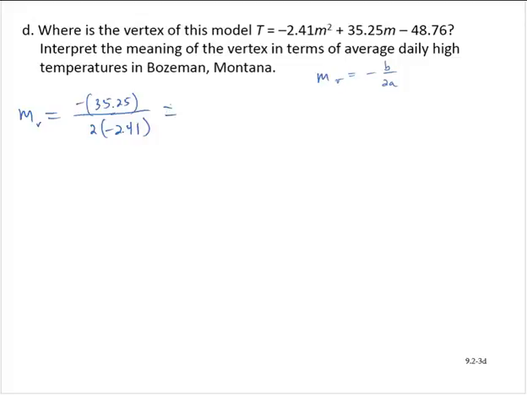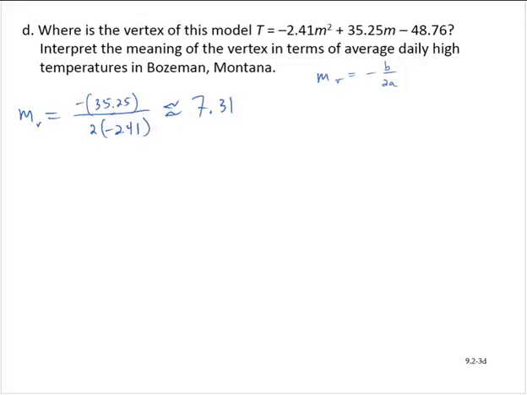Alright, so let's go through that calculation. So that's negative over negative is positive. 35.25 divided by 2 times 2.41 gives me 7.31 approximately. Alright, so that's the x value of the vertex, and now about the y value.